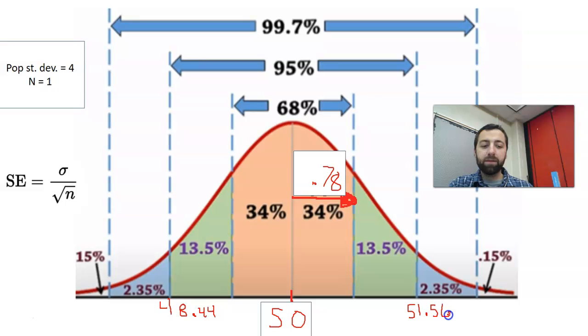All right, according to the empirical rule, if the radio station's telling the truth, then there is a less than 5% chance of me getting an average that's either less than 48.44 or greater than 51.56, because 95% of those sample averages will be between 48.44 and 51.56. Now my average was 47.9.